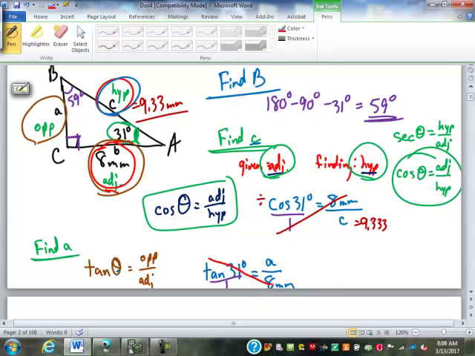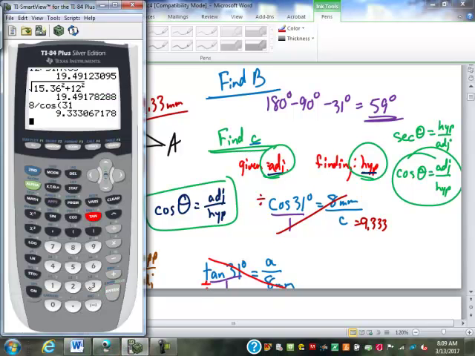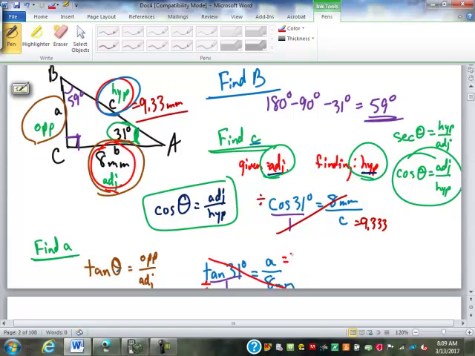So tangent of 31 times 8 divided by 1. Make sure you close the parentheses on these because it will screw you up if you don't. Times 8 divided by 1 is still going to be 4.807 or 4.81. So this opposite side here is 4.81 millimeters.